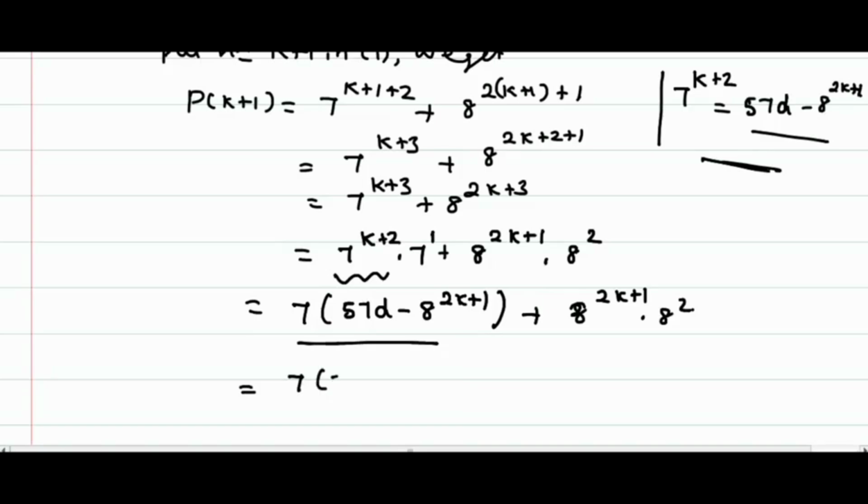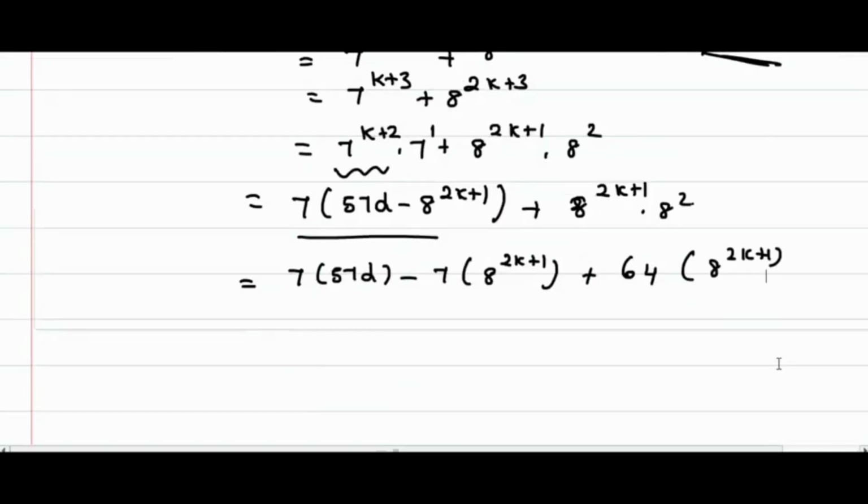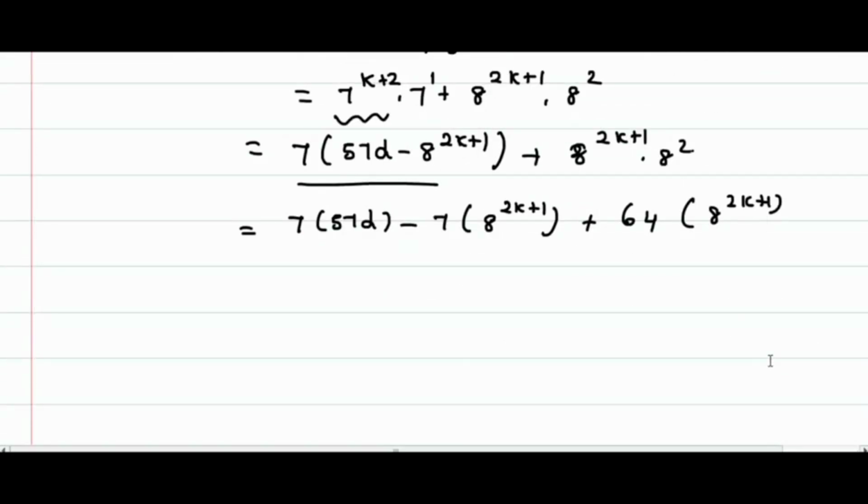If you multiply the terms, we get 7 into 57d minus 7 into 8 power 2k plus 1, plus 8 square, which is 64, into 8 power 2k plus 1.